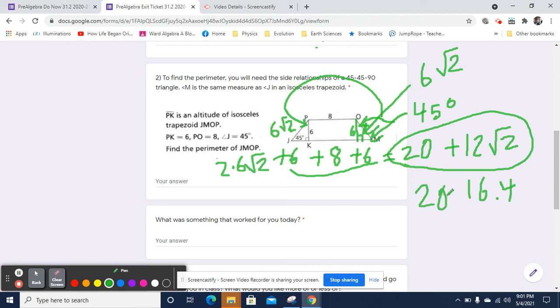So this is the estimated answer, okay, which would be 36.4-ish, if we use 1.4 as the square root of 2, which it actually isn't. So about that, that's estimated. And this one is exact.